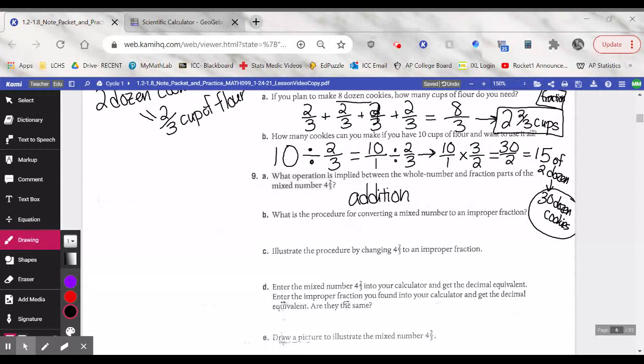You can use your calculator, but if we were to take 4 2/3, we would first multiply the whole number with the denominator. The second step would be to add that to the numerator. And the last step would be to keep the denominator the same. So I'll show us what we would do.